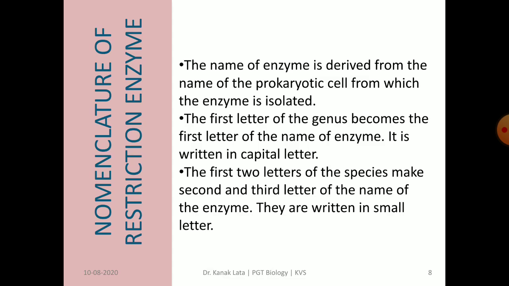Now we will discuss the nomenclature of restriction enzymes. There are some rules for naming restriction enzymes, as we have seen while naming any living organisms. The first rule is that the name of the enzyme is derived from the name of the prokaryotic cell from which the enzyme is isolated.